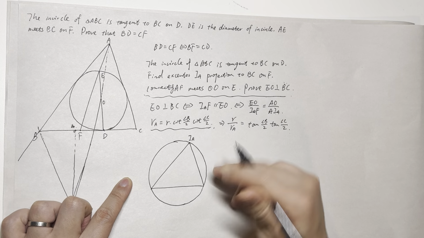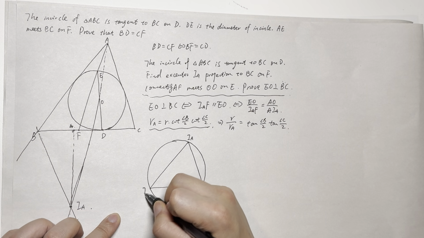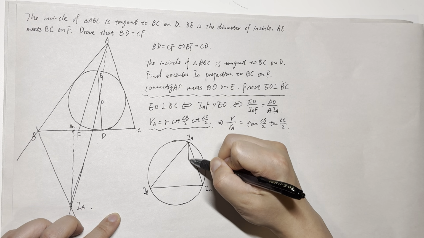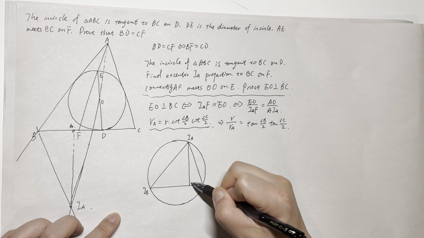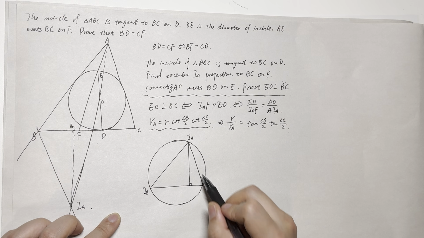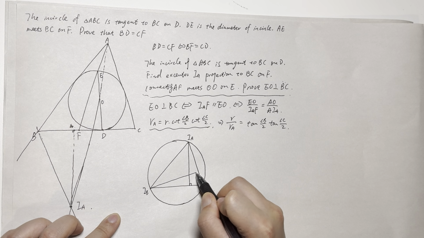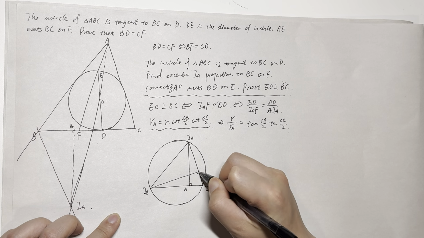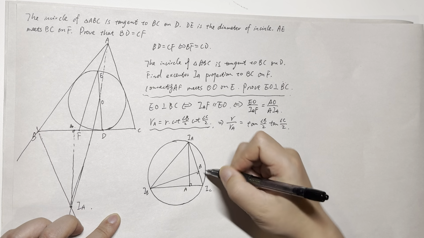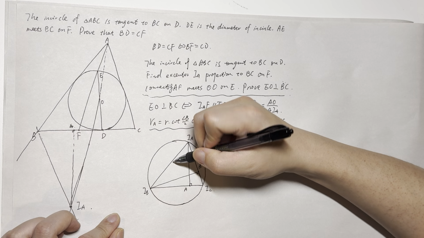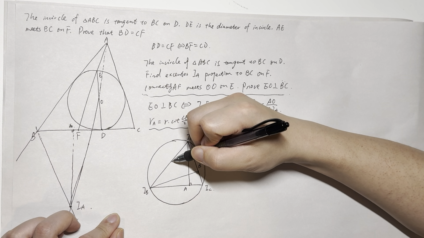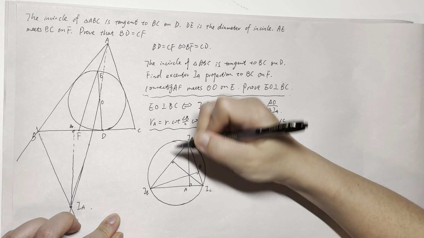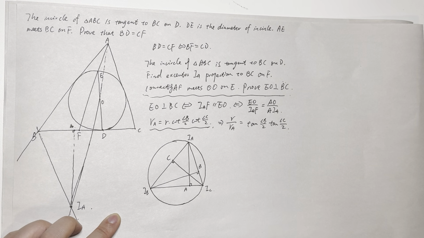So see, this is IA, this is IB, this is IC. Then we know that this point would be A, this point would be B, and this point would be C, right?